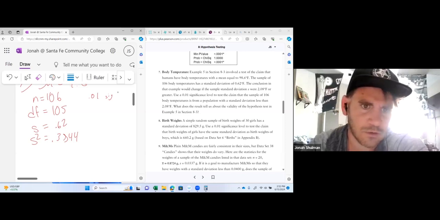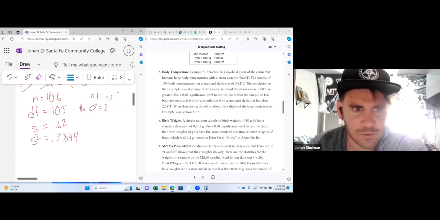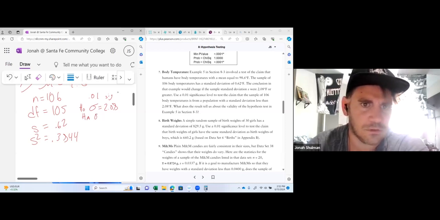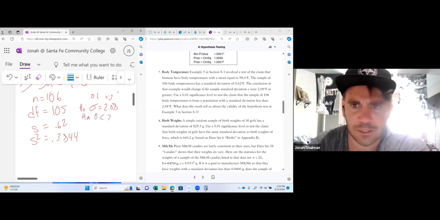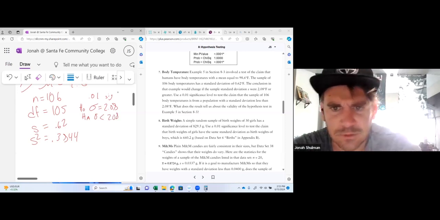Okay, so we know that we want our standard deviation. So our null hypothesis is equal to 2.08. And then our alternative hypothesis is that we want this to be less than 2.08. What does this tell us about the validity of example 5?